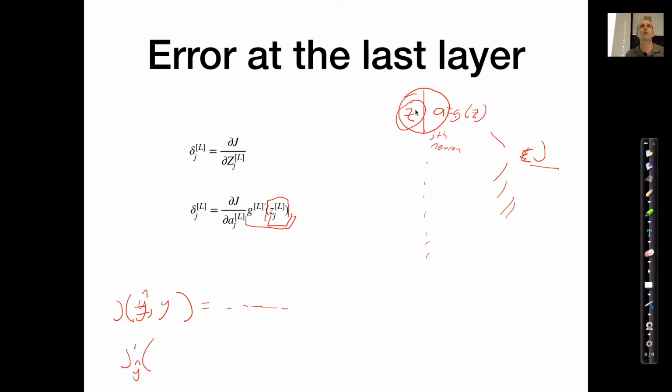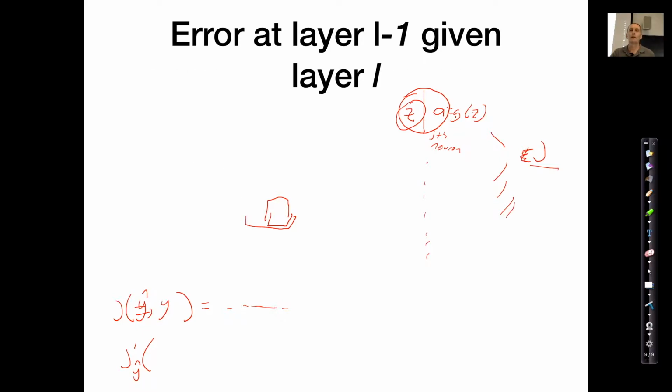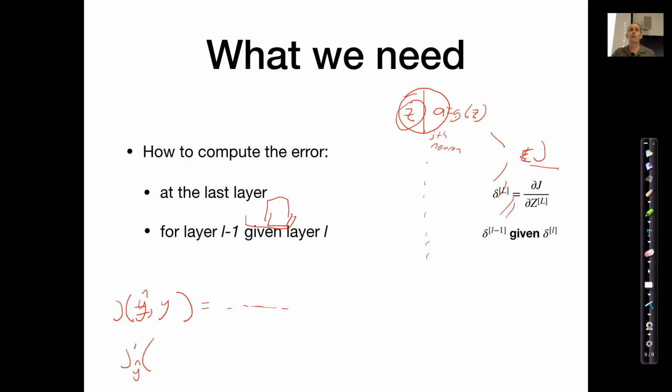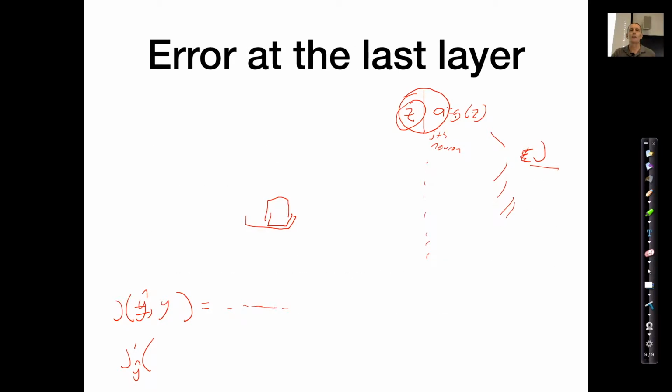So this one is not hard to do, and it's not hard to do in parallel. So we can do it for all of the neurons on the last layer at once.